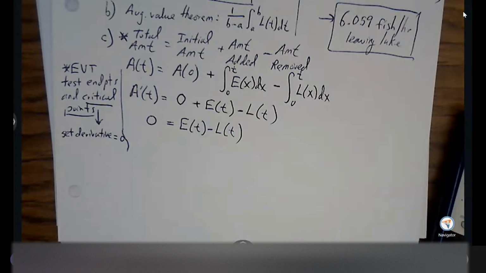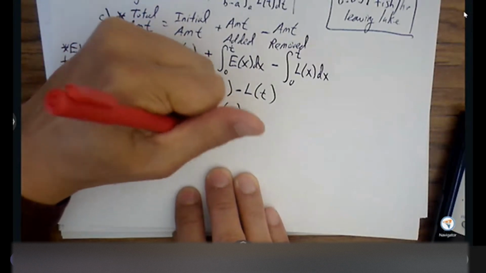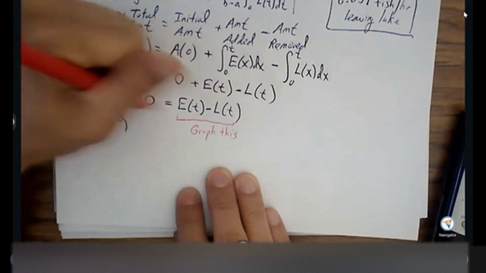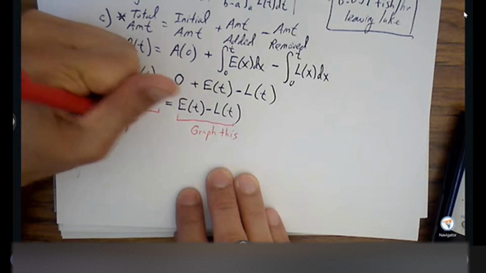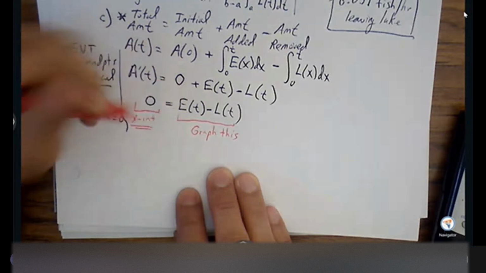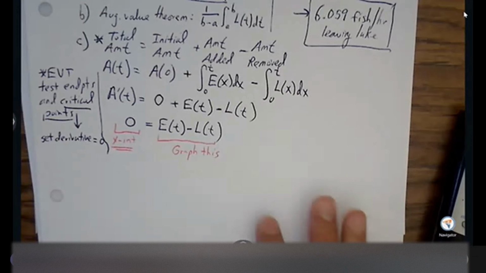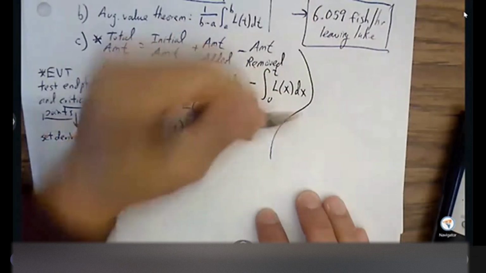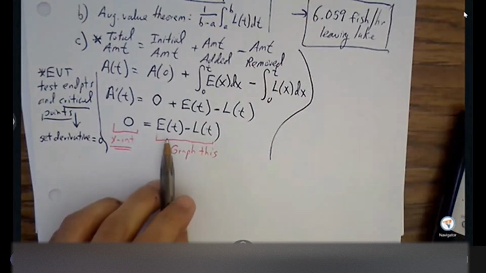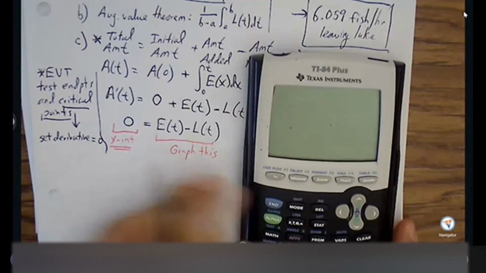So this is how we're going to use our calculator. We're going to graph this, and we're just going to look for the x-intercept. Okay, so this is where a calculator is going to come in handy. So E of t minus L of t, I'm going to go to my calculator.